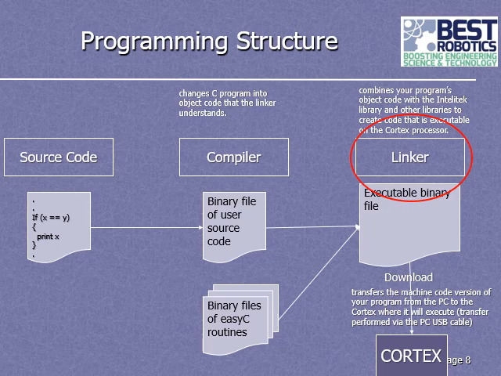We'll take all those binary files, put them all together, and create an executable binary file. This is the thing that's actually going to run. It's self-contained, and then what you'll do is download that executable binary file to the Cortex, and now your Cortex will have the software it needs to run whatever it was that you generated in your source code.